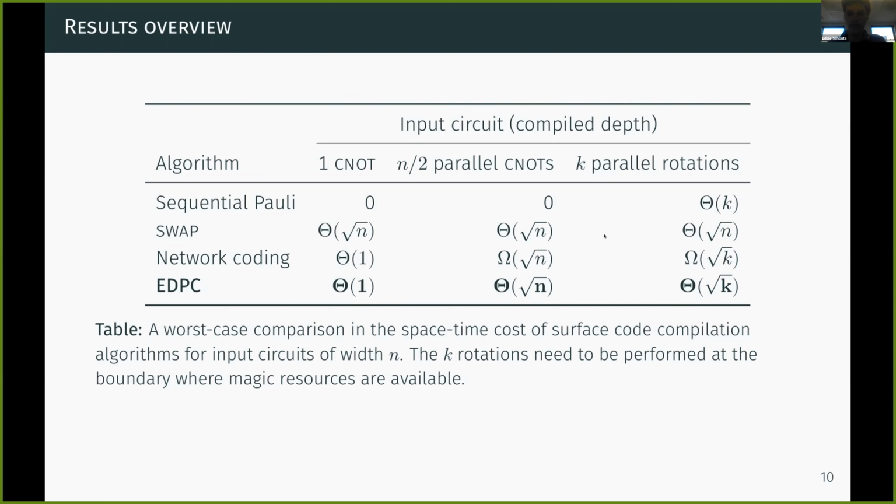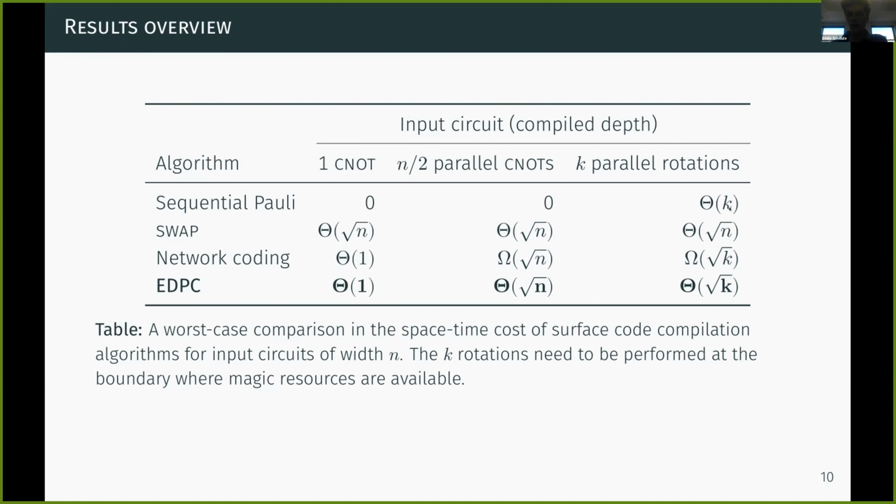Now, if we compare that to another traditional approach, which is sequential Pauli-based computation, then this approach does not experience an overhead from Clifford circuits at all, which is why we say the cost here is 0. However, it is quite slow when you have a lot of T-gates in your circuit.